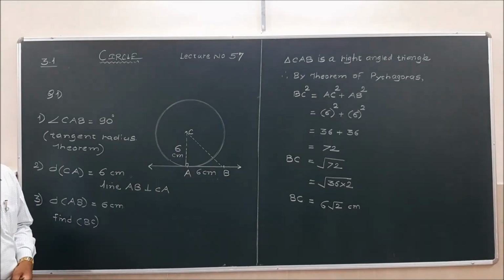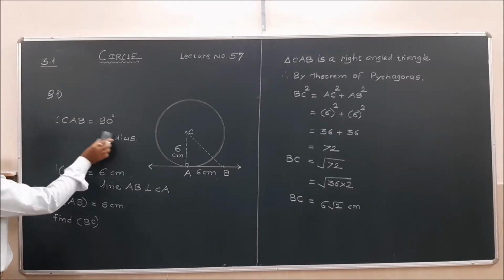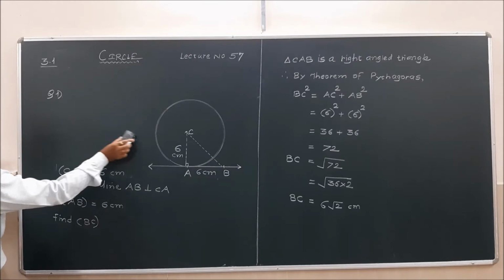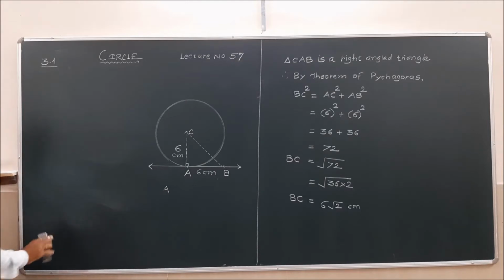Then one more question is there. Please try to listen. The next question is, what is the measure of angle ABC? This is the fourth sub question of question 1.